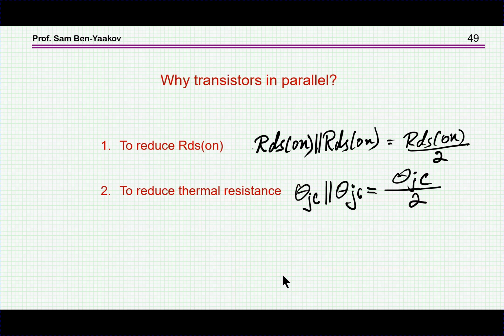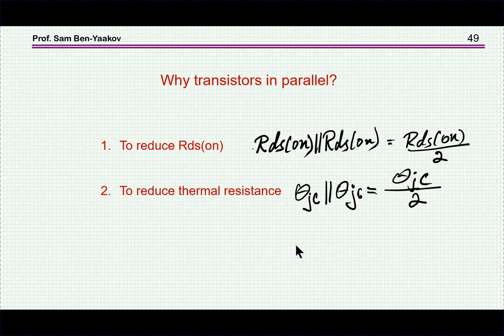Now we can put transistors in parallel to improve two things. One is, obviously, if we have two transistors of a given RDS(on) and we put them in parallel, then we have an assembly with half the RDS(on), and it could be more than two transistors. Also, which is very important, we are getting a larger surface area, so the effective thermal resistance is also halved.